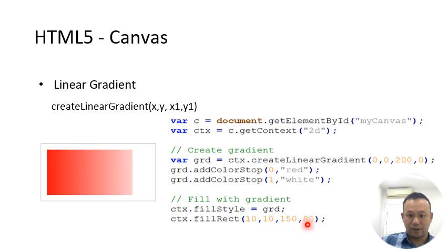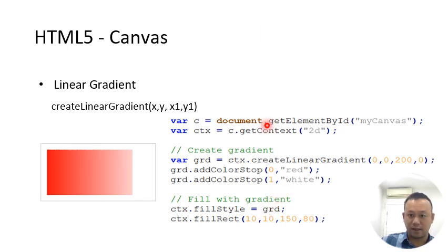And we have to add a color stop like this here, with position and color. The method is used to define the color stop of the gradient, and the position parameter specifies where the color is placed in the gradient. Zero means the start and one just means the end.